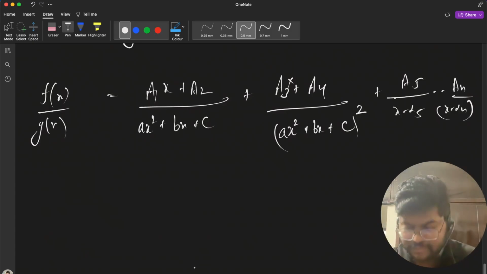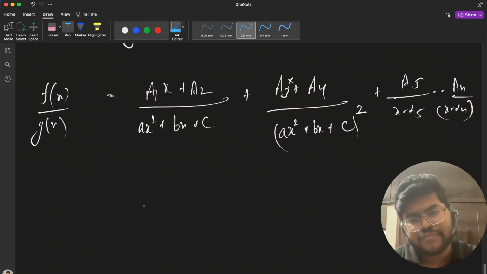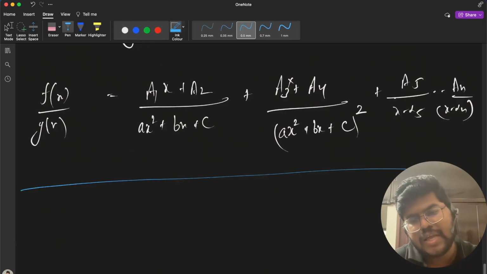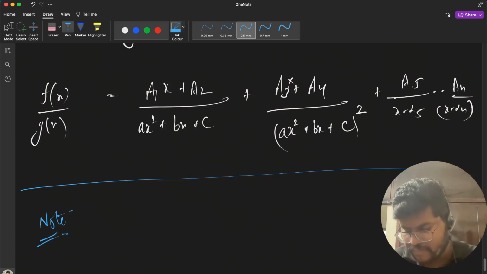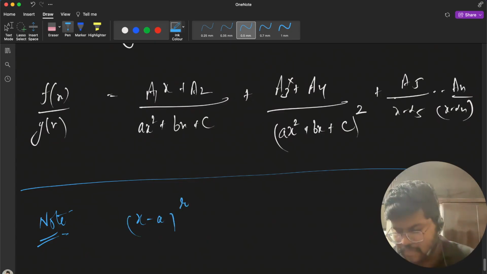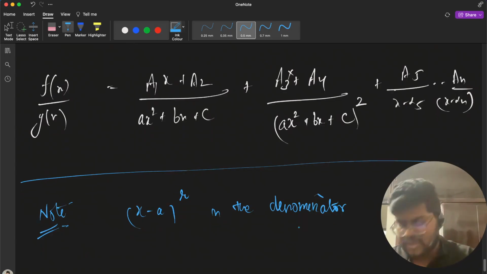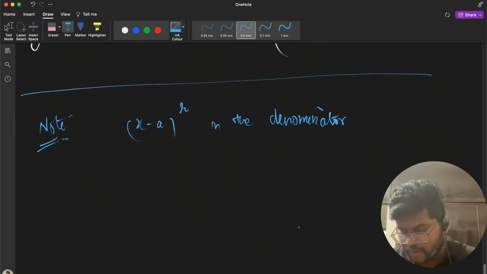Make a note here: suppose it corresponds to (x minus a) to the power r in the denominator, then a sum of r partial fractions of the type is taken.